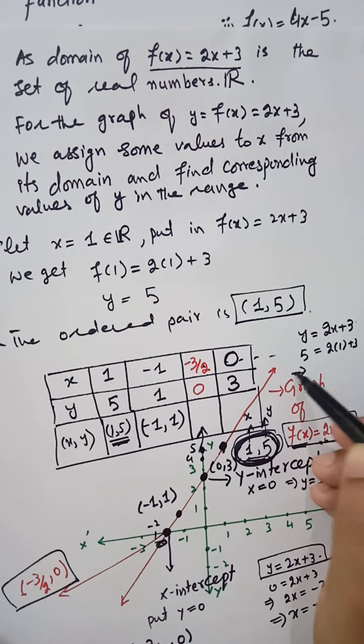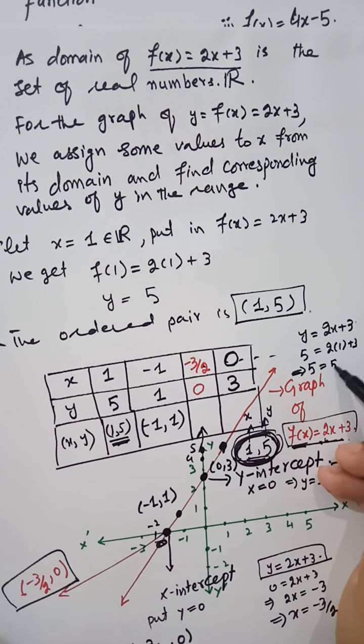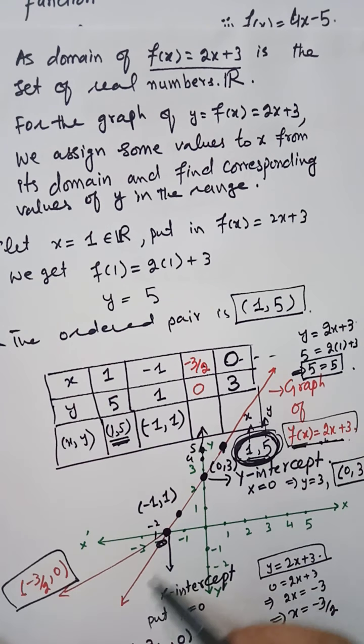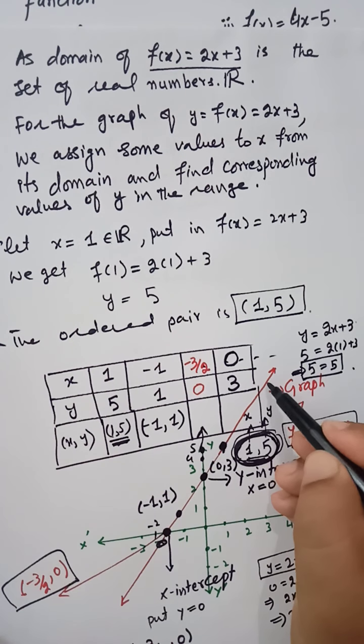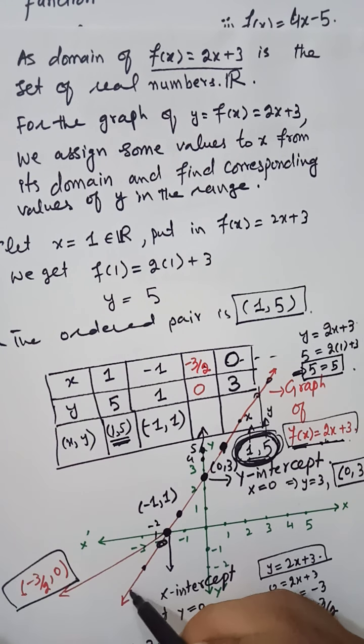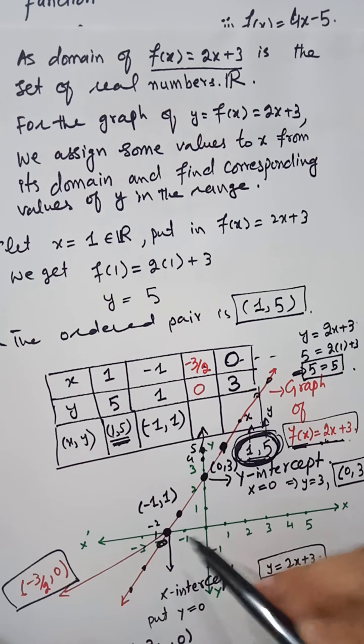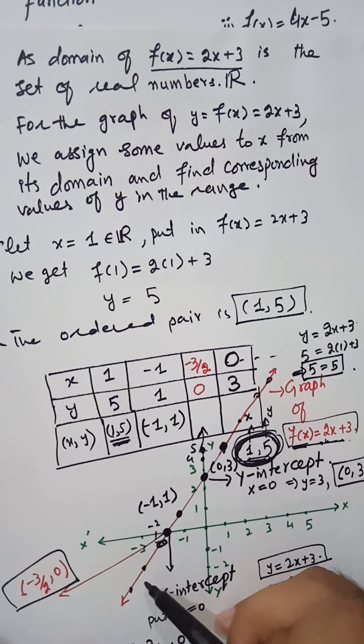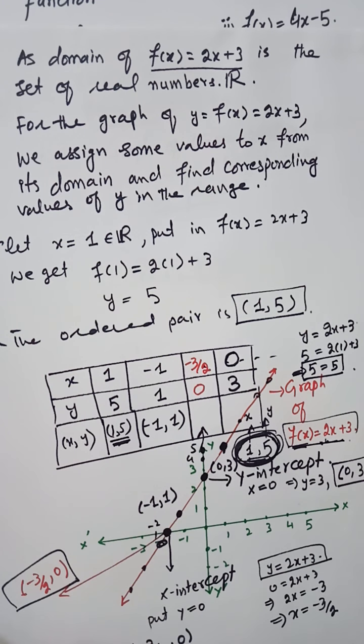So this implies that 5 equals 5. From here you also get an important point. Any point that lies on the graph, it may be here, here, anywhere, any point on the graph of the function must satisfy the given function.